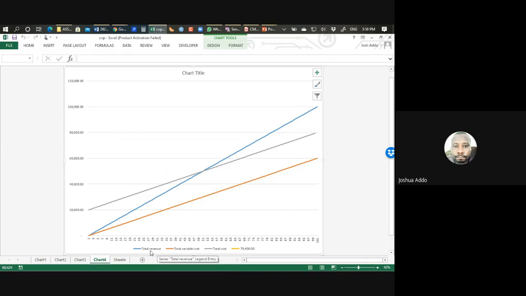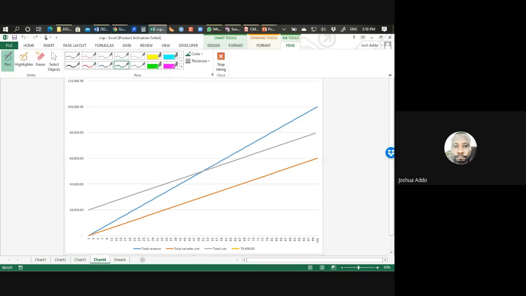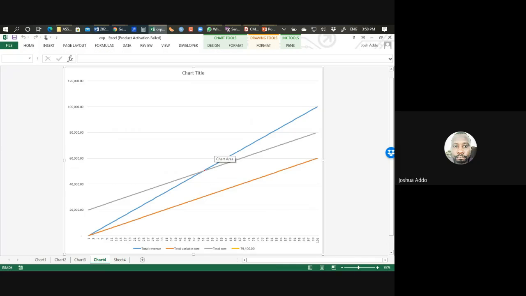Blue line still represents total revenue, but this time round, the orange line is total variable cost. So you always have to read the legend because it's explaining the color coding. The ash line is total cost. So again, the same thing we did previously, which was total revenue, total cost. That is what you are seeing here.